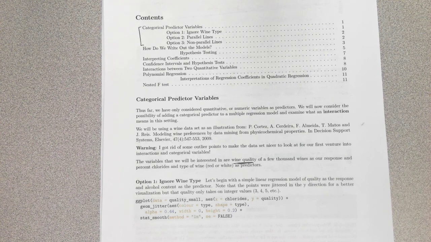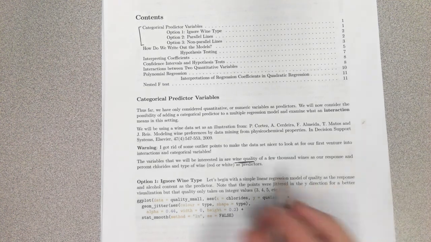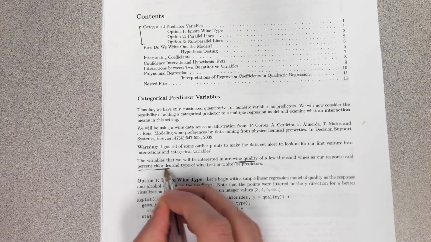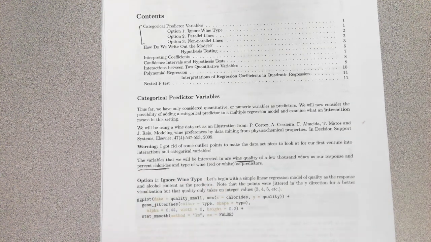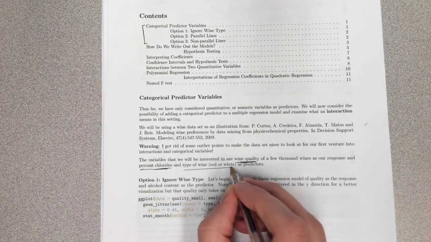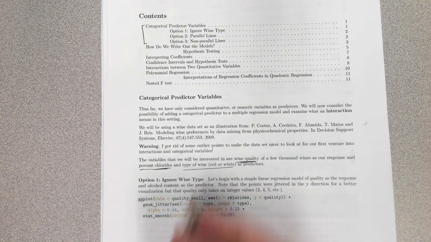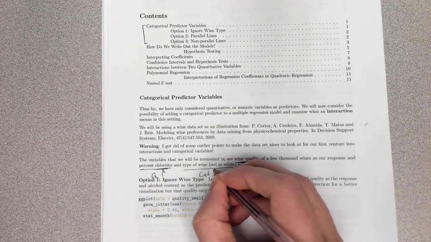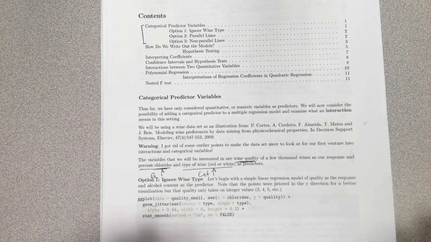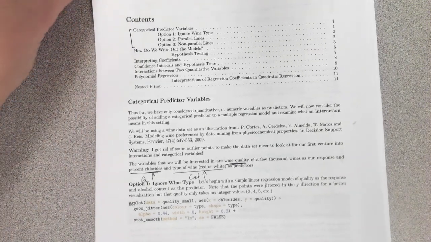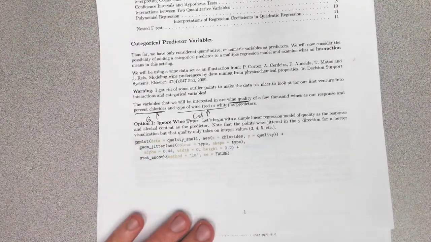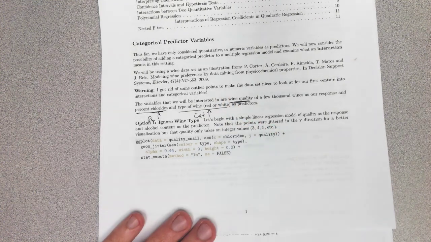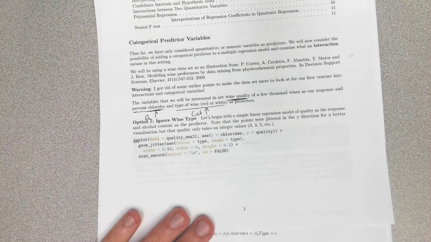We'll look into this data set a lot more in a couple weeks, but for now we're just going to focus on the percent chlorides as a quantitative predictor and the type of wine, either red or white, as a categorical predictor. So chlorides is quantitative, wine type is either red or white. We're not considering pink or rosé or anything like that, just red and white as types of wine.